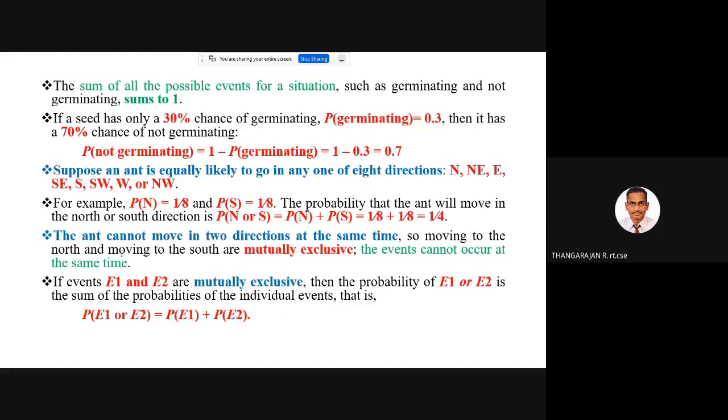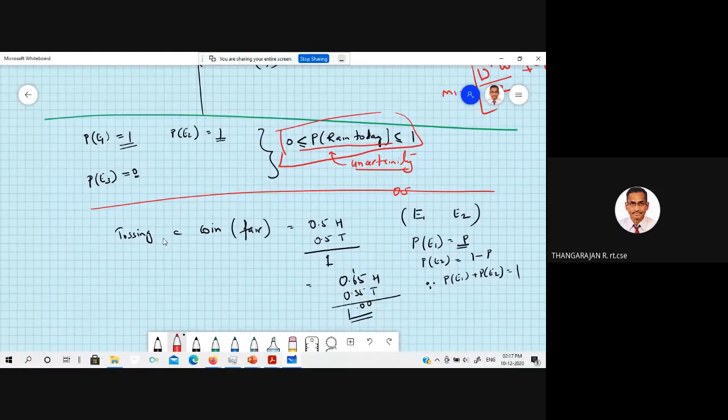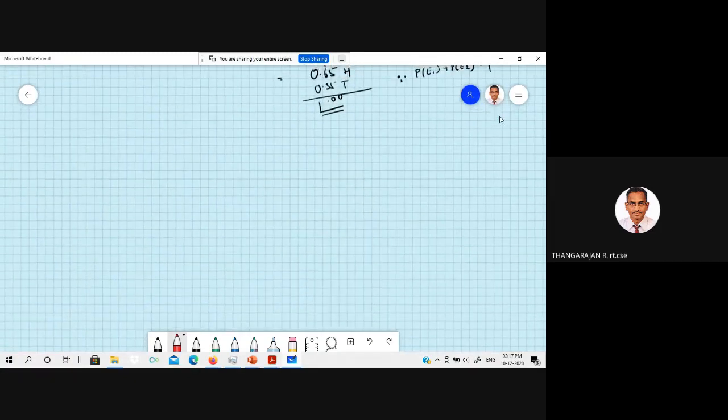Now I will take an example of an ant that is moving on a plane. You know the directions: north, east, west, and south.